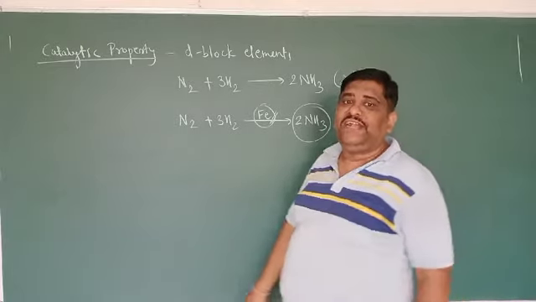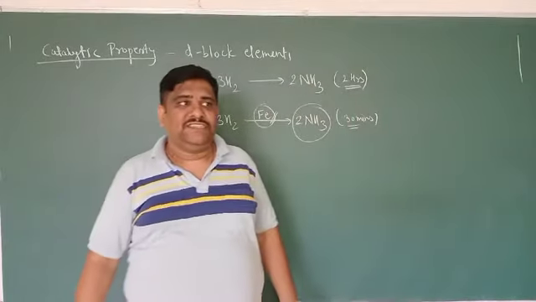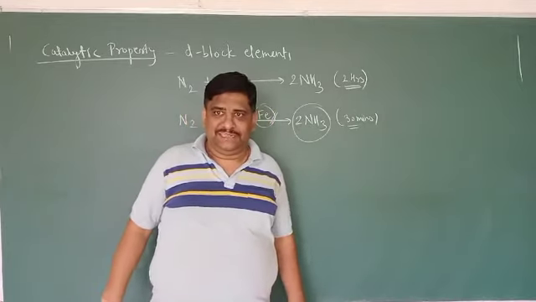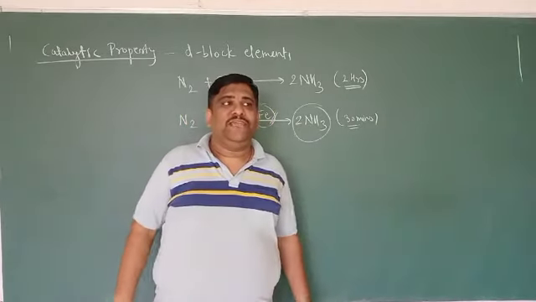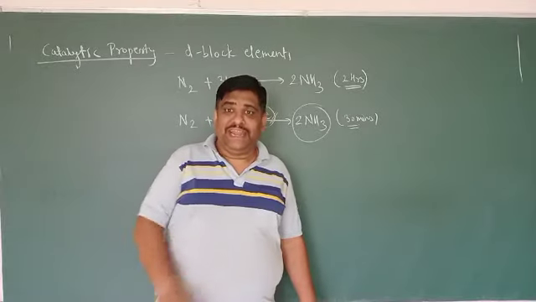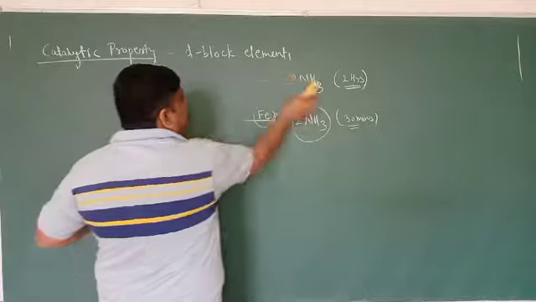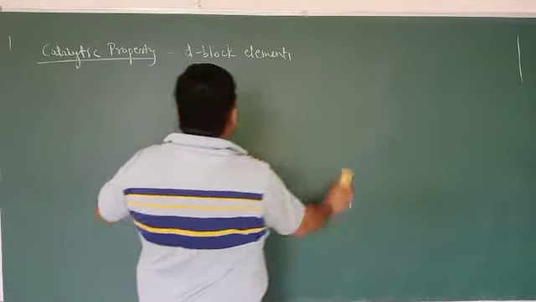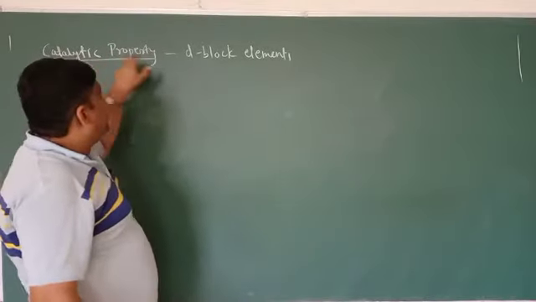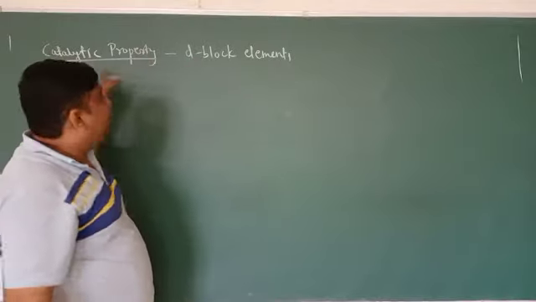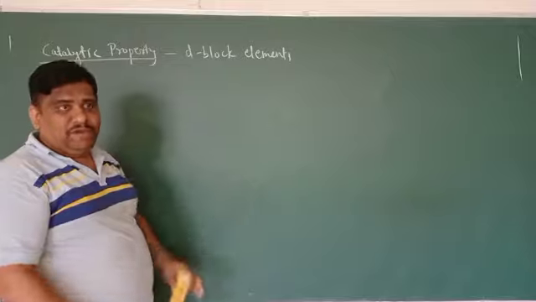Likewise, most of the D block elements give the catalytic property, or act as a catalyst, because of the following reasons. In the exam they are going to ask why the catalytic behavior is exhibited by D block elements, or explain the catalytic property of the D block elements.